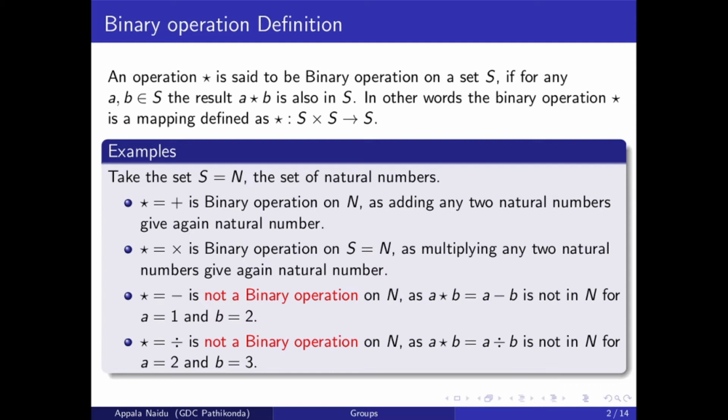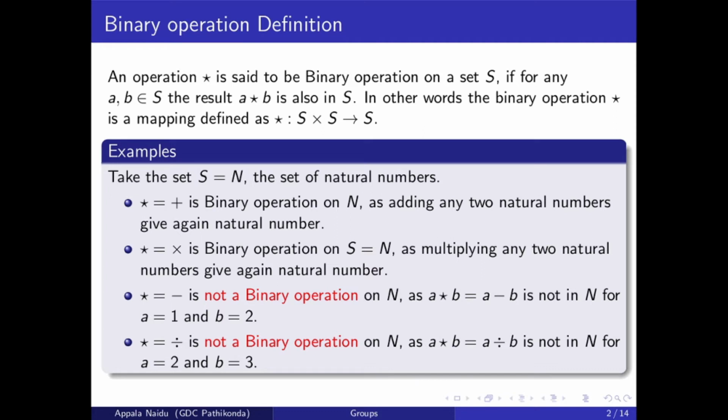But to conclude minus is a binary operation, we should have, for any two elements in that set, a star b in that set.